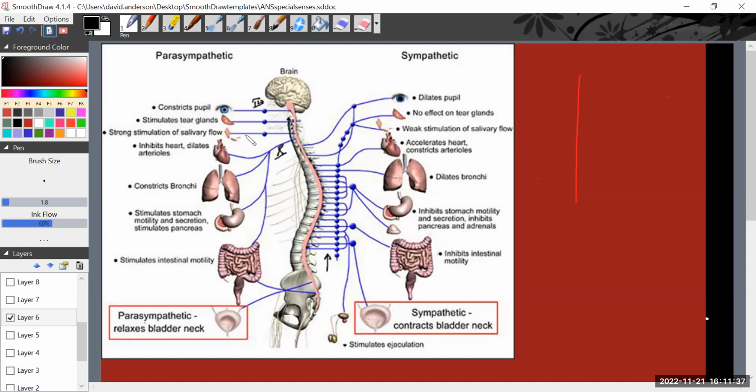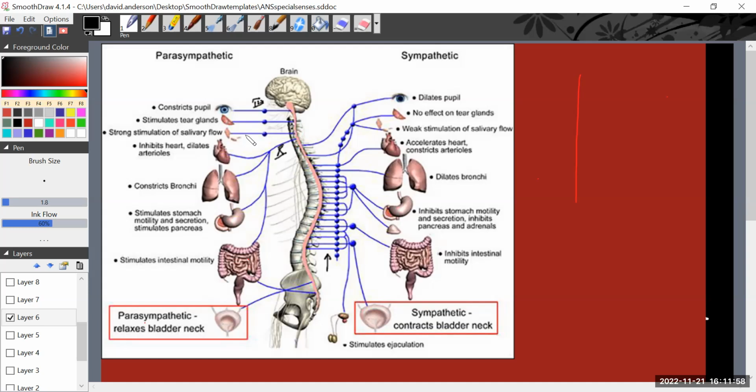It inhibits stomach motility and secretion, and it inhibits the pancreas and the adrenals. Well, it inhibits the adrenals in one part of the adrenal gland. So when we start talking about the endocrine system, we'll talk about the adrenal glands. But there's an outer part of the adrenal gland. That's what this is referring to. And there's an inner part.